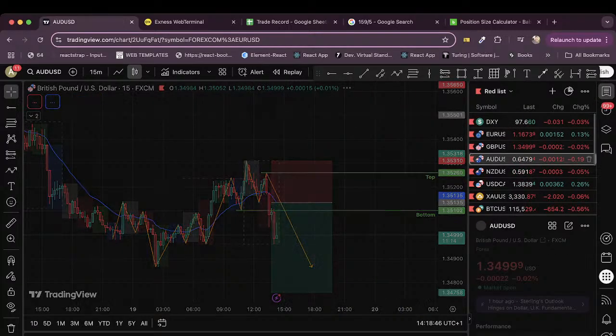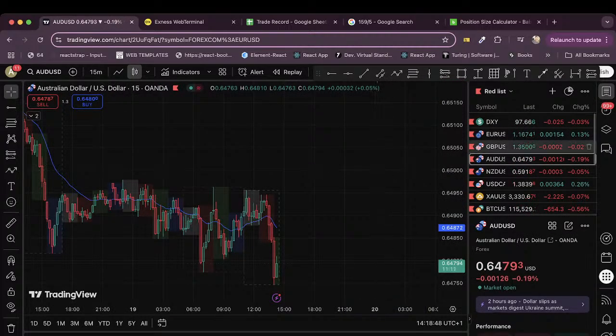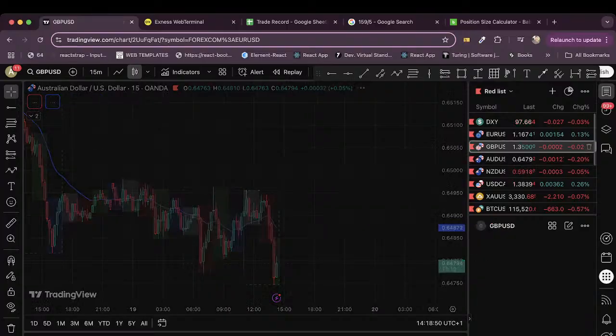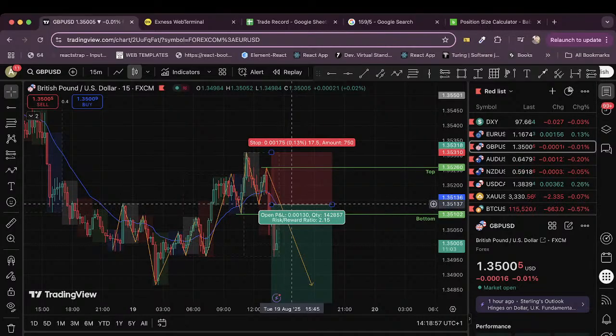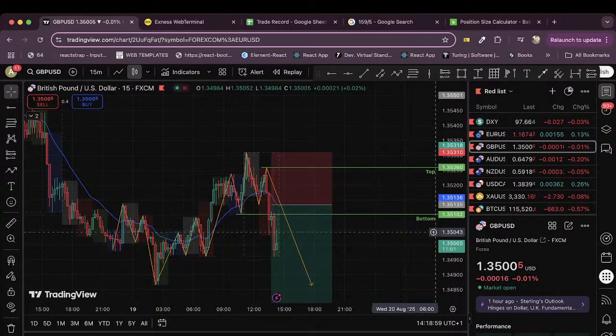But currently you can see that where market is trading is still far. We need a considerable amount of pullback that would land us into that zone there for a continuous sell off.